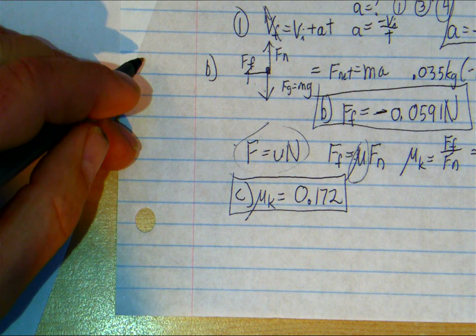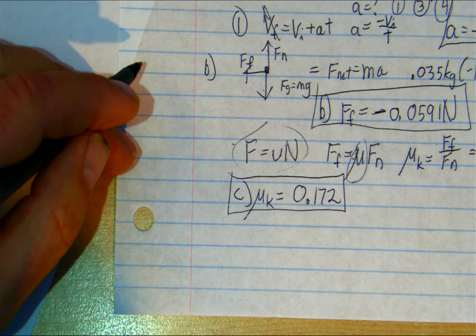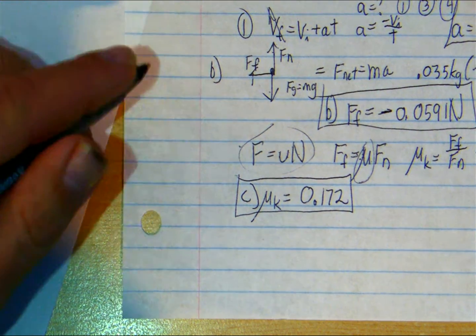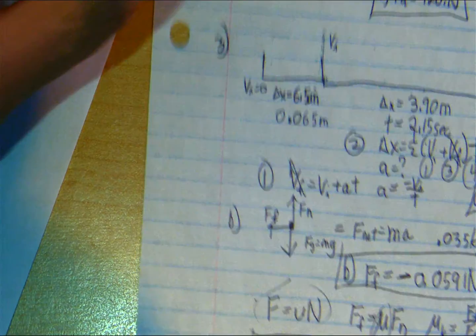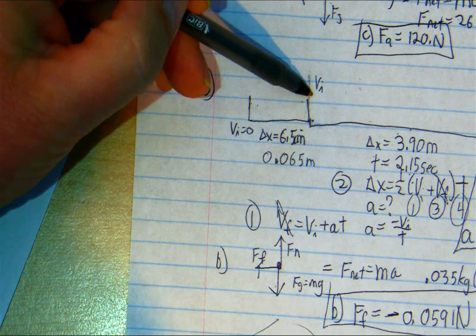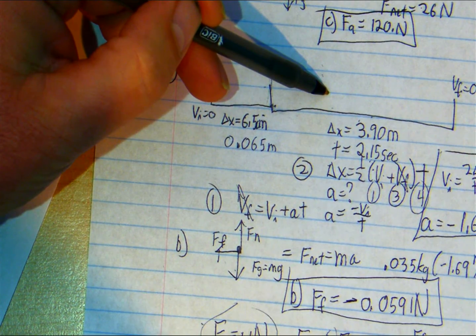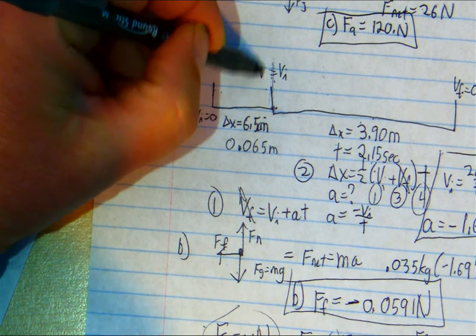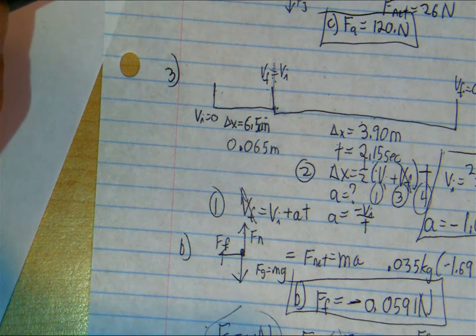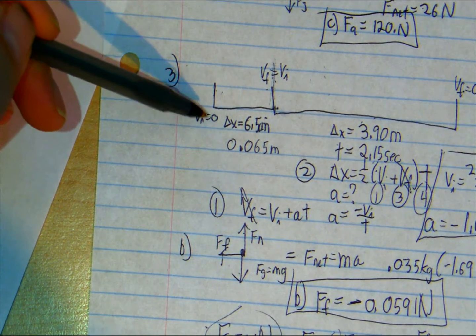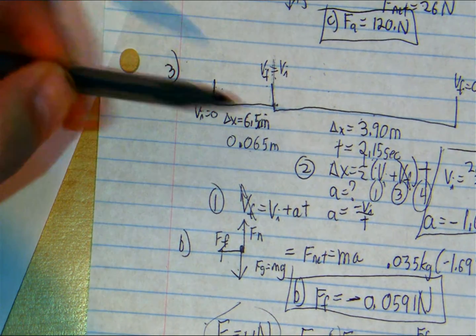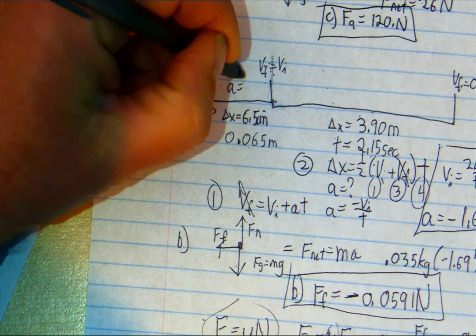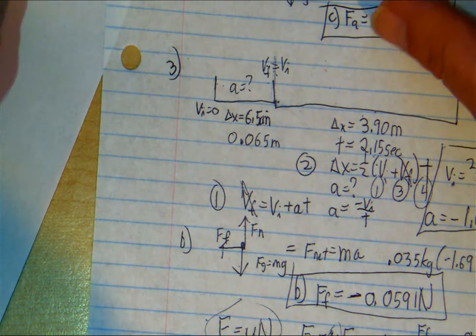Part D, calculate the applied force on the launcher arm. Okay, so the understanding you have to have is that the initial velocity while it slid across the floor is the final velocity as it accelerated on the launcher arm. And now we have three givens: initial velocity, final velocity, displacement, and we need to calculate the acceleration as our one unknown.